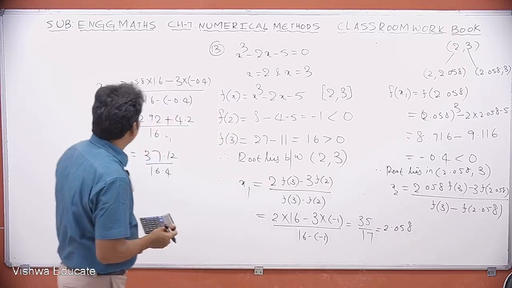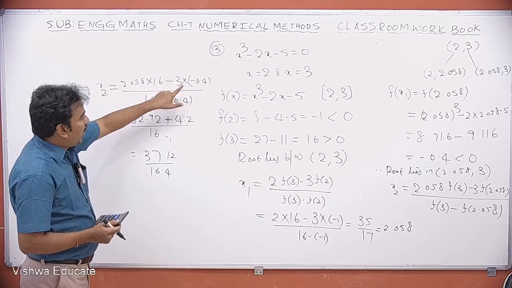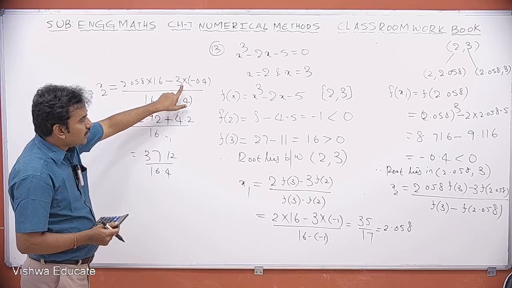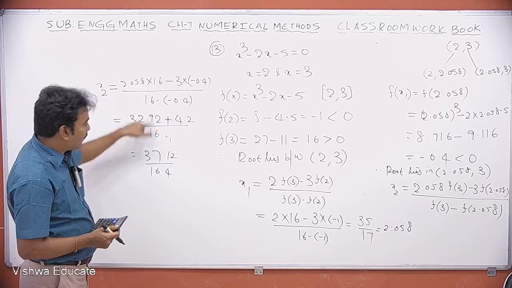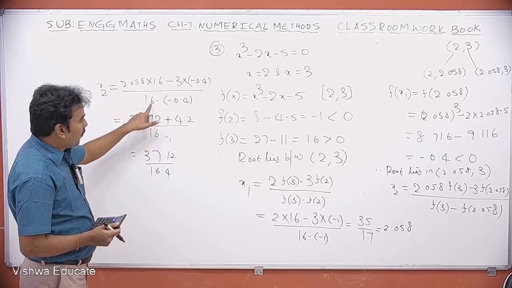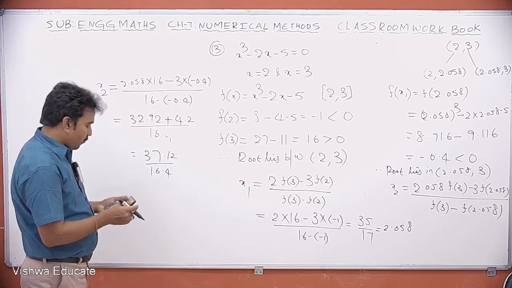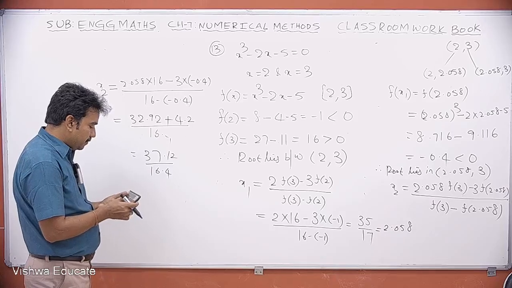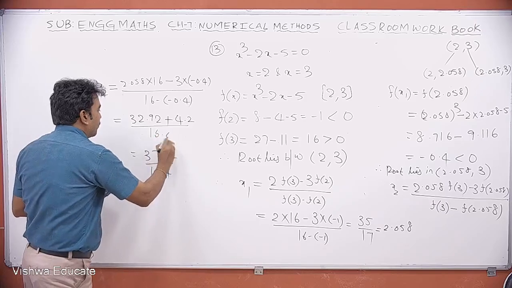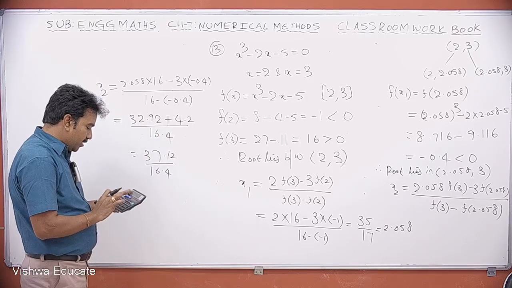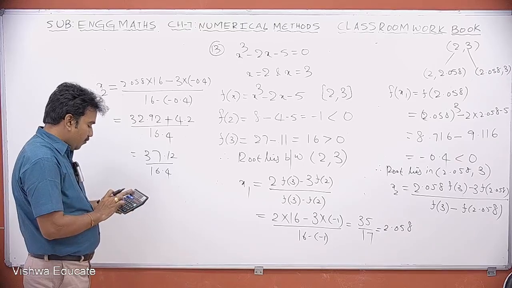So x2 becomes 2.058 into f of 3, 16, minus 3 into this value, divided by f of 3 minus this. So f of 3 is 16 only. So the total value becomes, this is 16.4. So this is 32.92 plus 4.2.